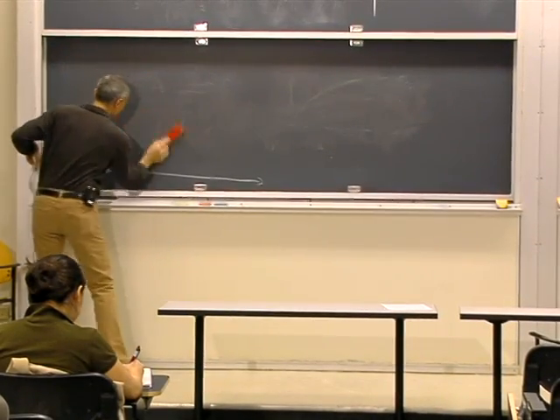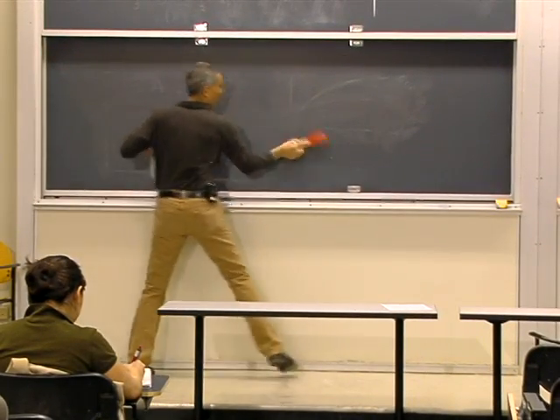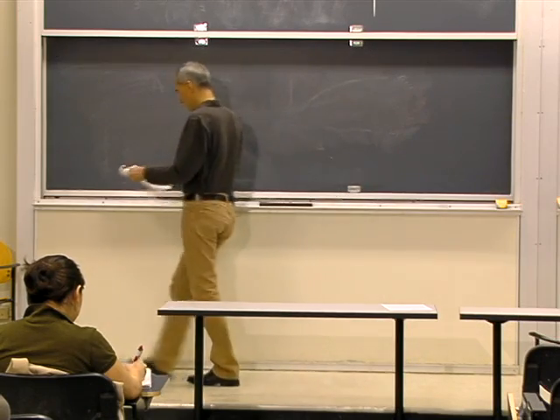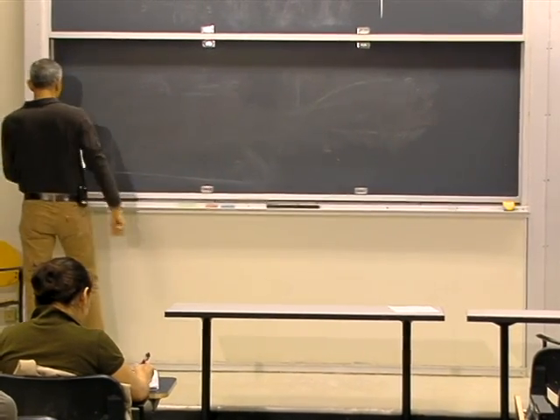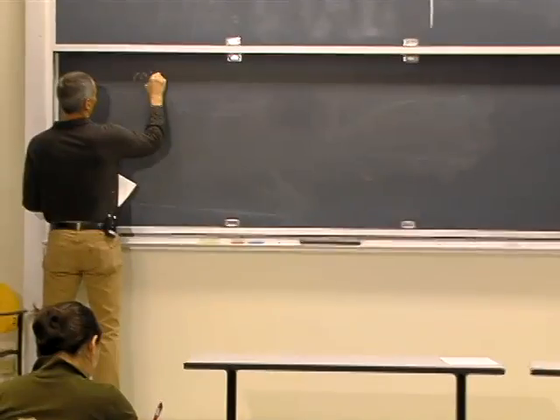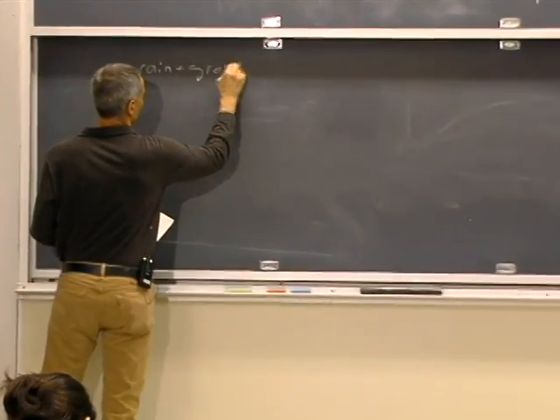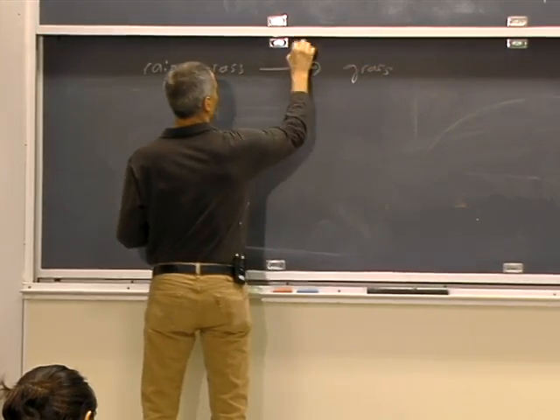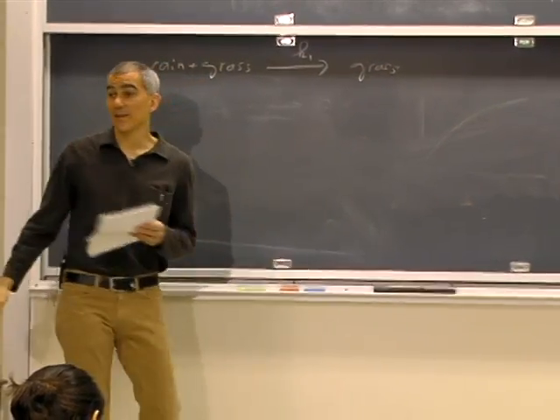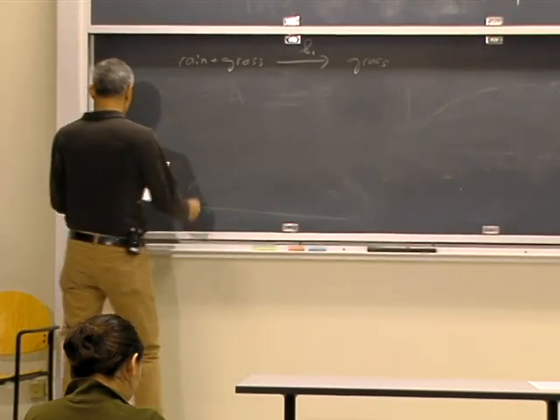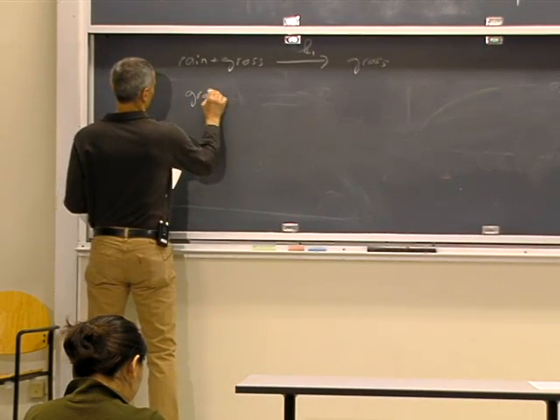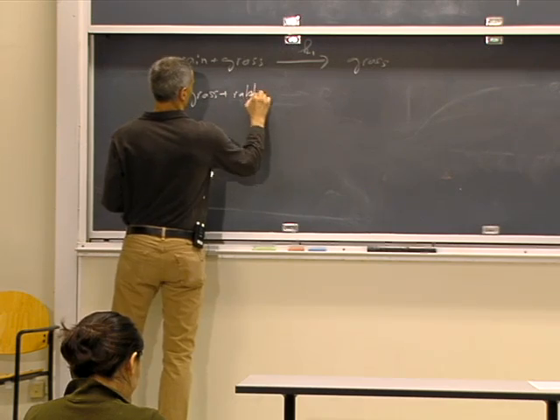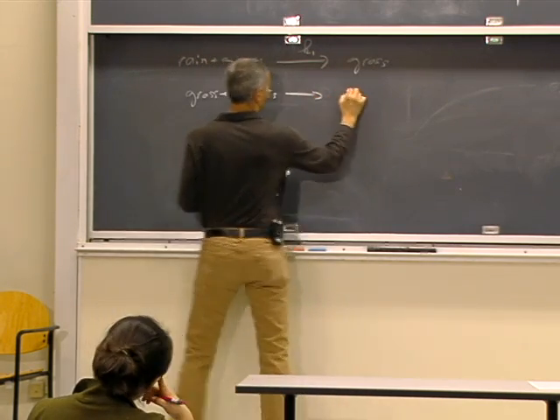All right, so let's write a mechanism here. So we have rain plus grass makes more grass with the rate K1. That's autocatalytic. That provides some feedback. Then we have grass plus rabbits makes more rabbits.